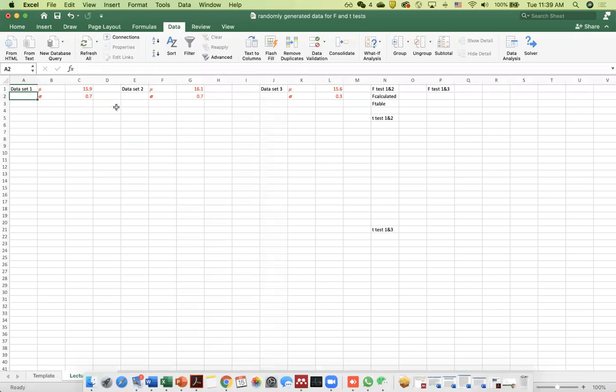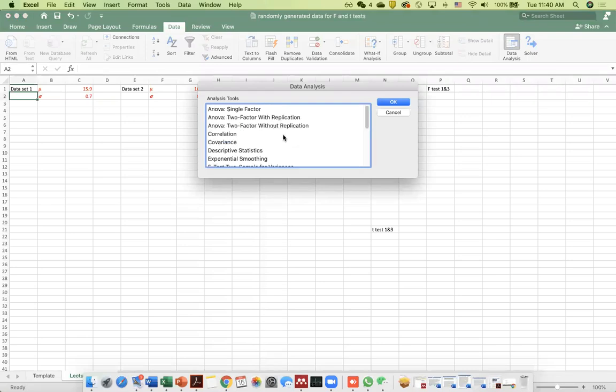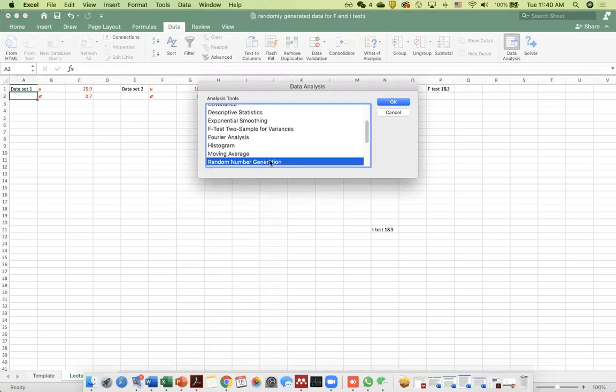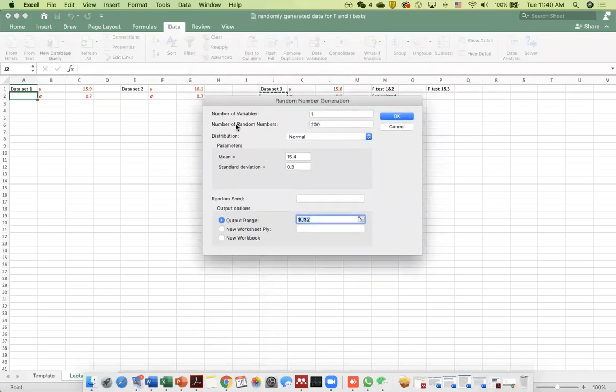For randomly generating data, you will have to use the data analysis package. You go to data analysis and choose random number generation, and click OK. How many numbers do we want to generate?